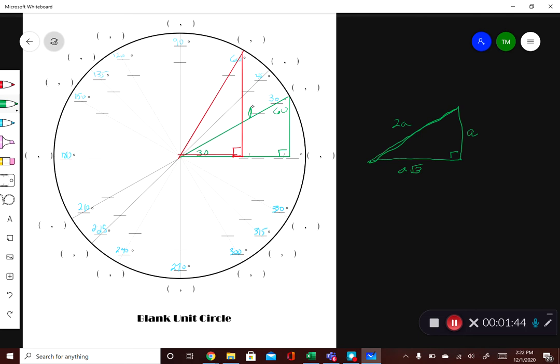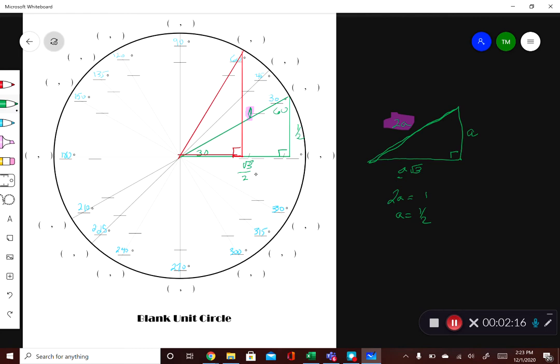So in turn then we see that 1 is related to the 2a in our 30, 60, 90 special triangle. So we can say that 2a is equal to 1 and solve for a, so a is 1/2. So once we know that, we know the shorter leg of this triangle. And we also know the longer leg because it is a times the square root of 3. So it's the square root of 3 over 2.